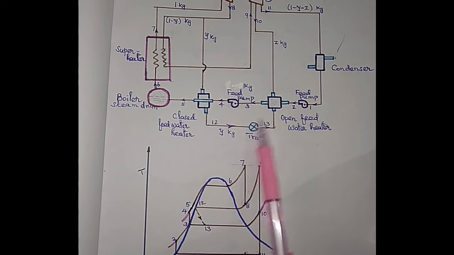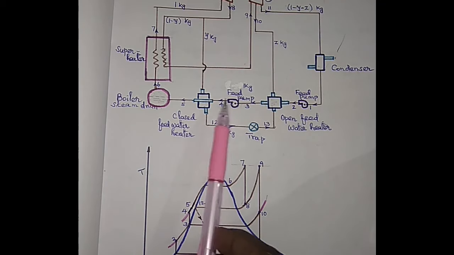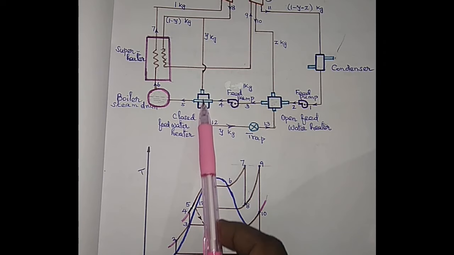But one disadvantage with the open feed water heater is that for each open feed water heater a separate pump is required. In case of closed feed water heaters, one feed pump can supply even 3-4 feed water heaters, because here the feed water is not mixing with the steam.